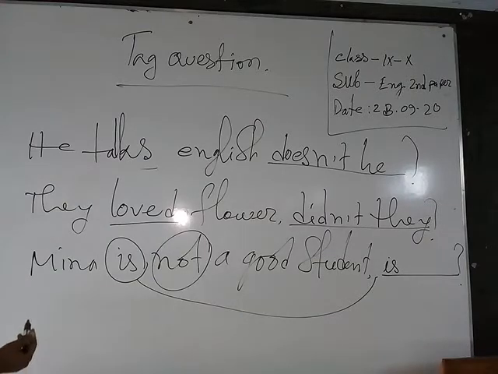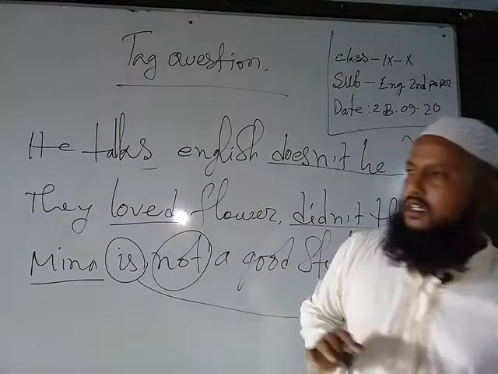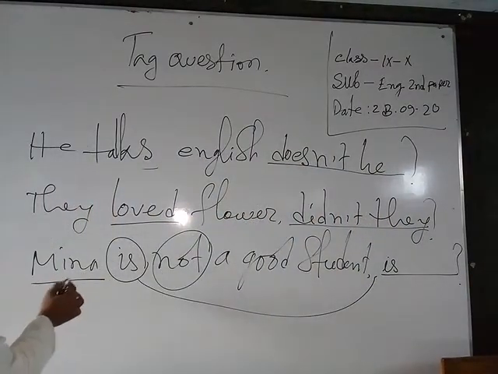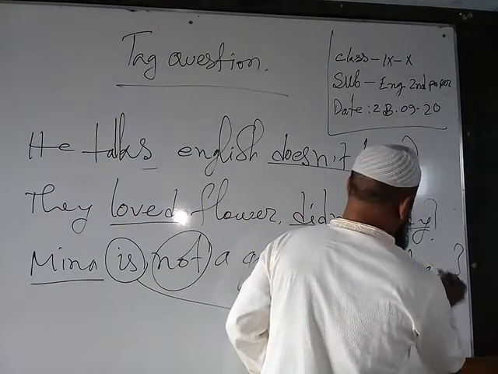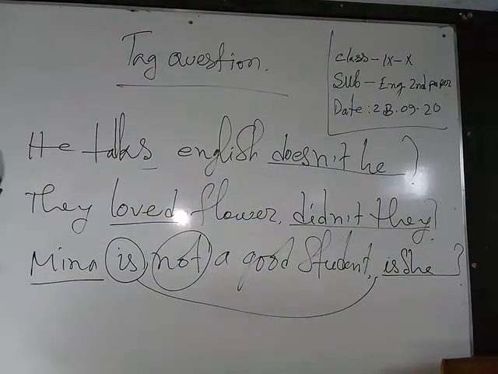Then we use the subject, but the subject is Meena. Meena is a noun. If the subject is a noun, we use the pronoun of this noun. The pronoun of this noun is she, so we use she as a pronoun. The answer is is she.